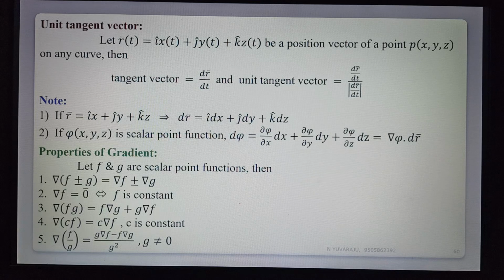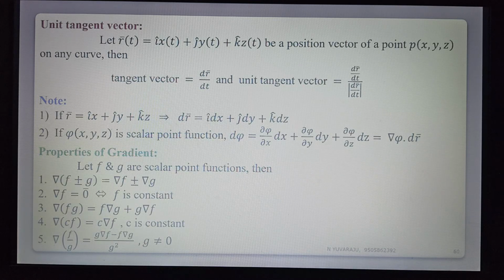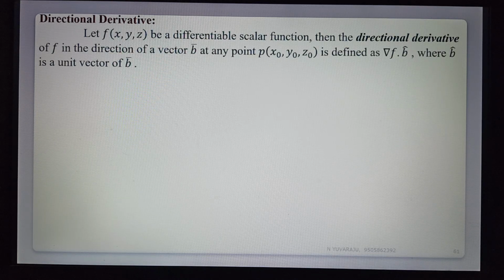So see the next definition, directional derivative. Let f of x comma y comma z be a differentiable scalar function. Then the directional derivative of f in the direction of a vector b bar at any point p of x naught comma y naught comma z naught is defined as del f dot b cap, where b cap is the unit vector of b bar.